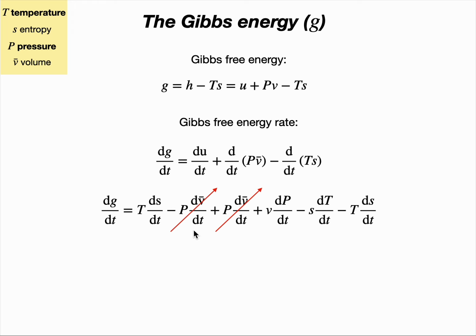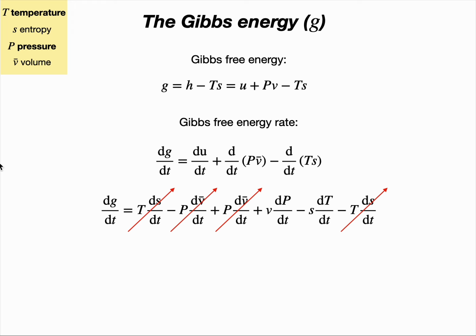Thanks to this, we will have the two terms, P dv/dt and minus P dv/dt, that will cancel out. What else do we see in this equation? T ds/dt appears with opposing signs, so it will also cancel.